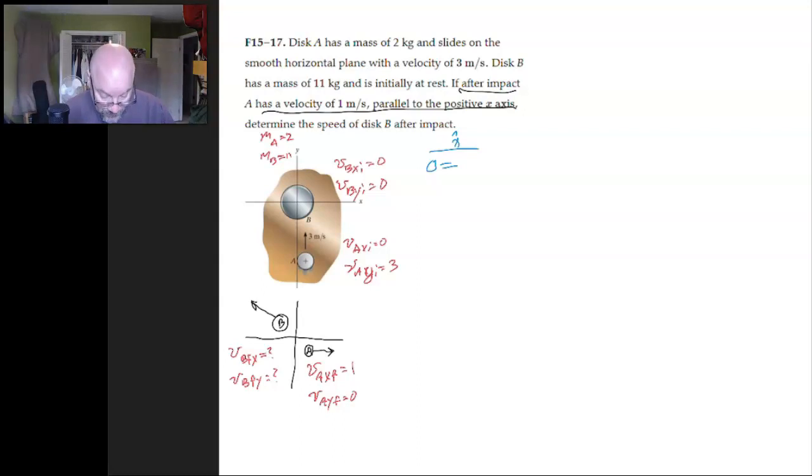Now my final then, if I look at A, I'm going to have here MA VA final X, and then, let's go ahead and do this as a magnitude, so I'm going to turn it into a minus MB VB final X. Boom, just like that.